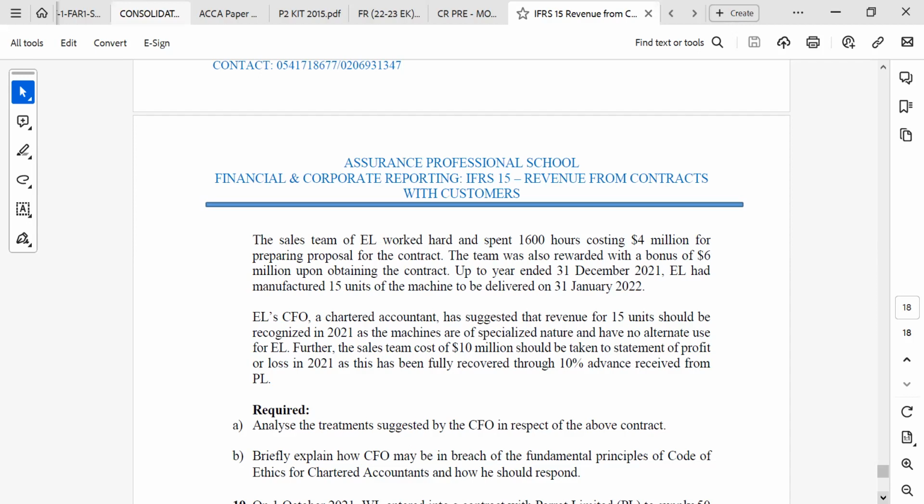The second one will be an issue of integrity. Integrity has to do with the accountant being honest and straightforward. What is he trying to say? Look at the treatment of the bonus. If you are treating the bonus like that, it means that you are giving false information about the bonus.